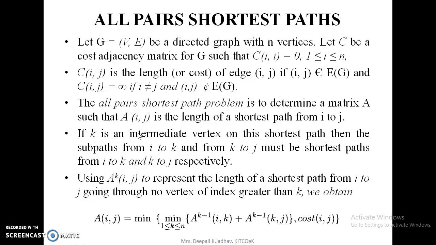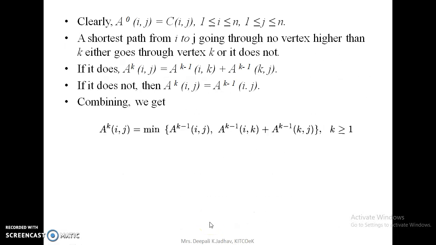Using this, we generate A^k(i, j), such that A(i, j) is the minimum of either this path goes through the vertex k or it does not go through vertex k. So clearly initially A^0 is equal to C(i, j), means the cost adjacency matrix as it is we consider as the first matrix A^0.